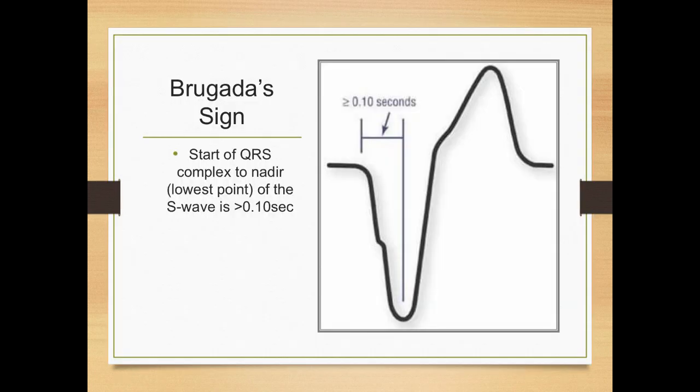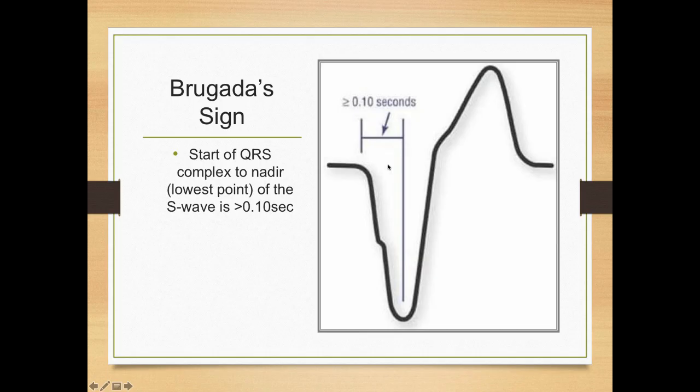Right, so we're going to talk about a number of criteria. One of these criteria is Brugada's sign. So we're going to measure from the start of the QRS complex. Again, you're taking out those calipers that you ordered like weeks ago, and I know you ordered weeks ago because you're awesome like that, right? We all have calipers. So you're going to take out your calipers. We're going to measure from the start of the QRS complex to the lowest point of the S wave.